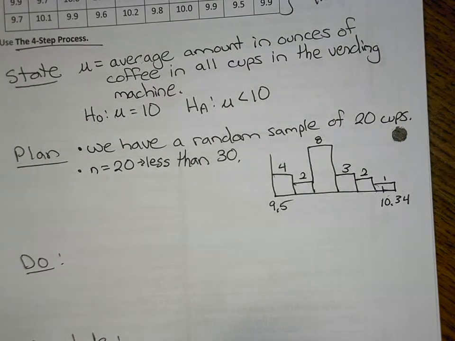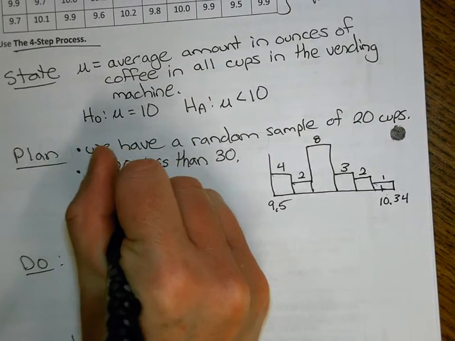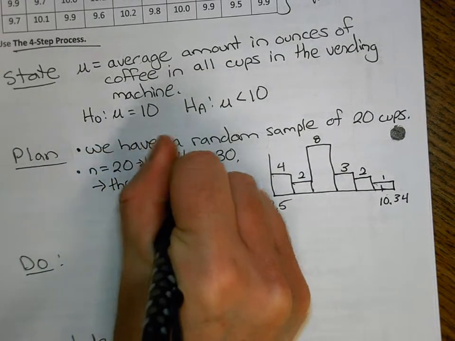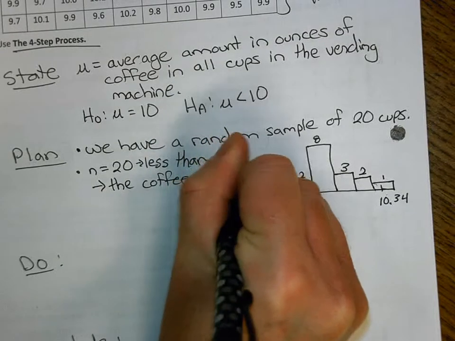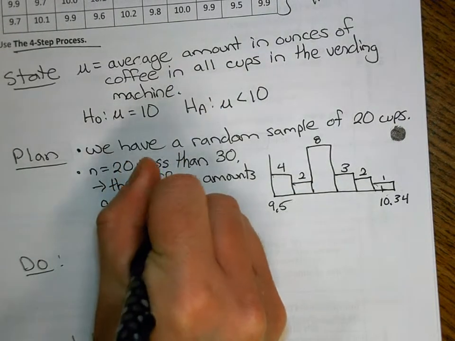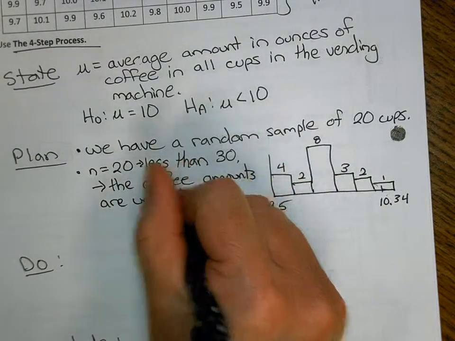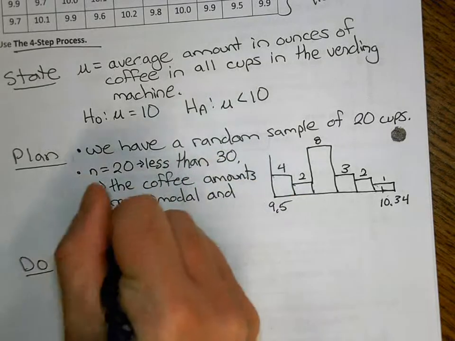It's a quick sketch. So remember context. The coffee amounts are unimodal, meaning one peak. If you forget that word, just write one peak. And roughly symmetric.